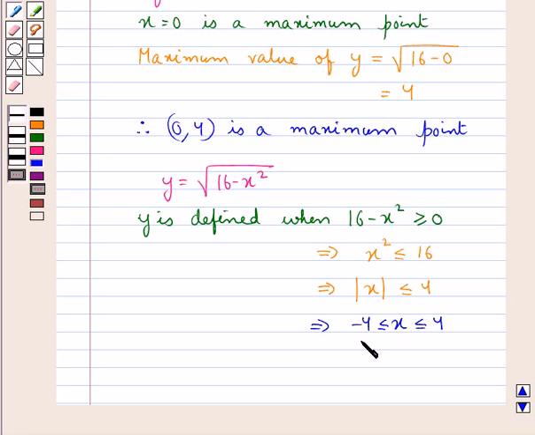That is, no portion of the curve lies on the left of x equal to minus 4 or on the right of x equal to 4.